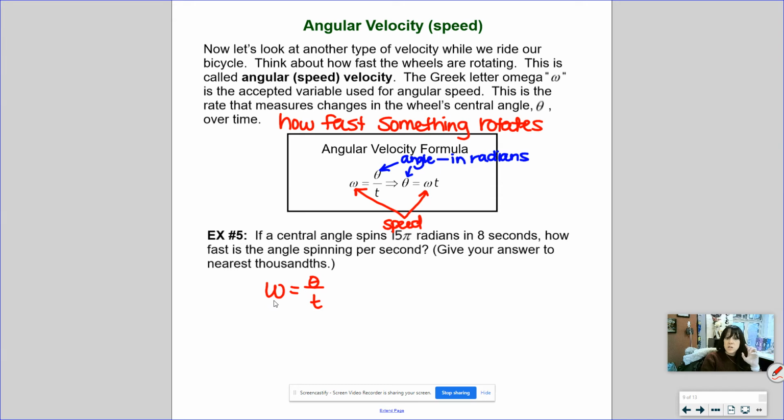So the angular velocity, or the speed, which is what they're asking for here, is equal to the angle, how many times it has spun, and what that angle measurement is, divided by time. So in this case, 15 pi is that angle, and time is 8 seconds. So we could just type in a calculator and get 5.890. By the way, the units for this would be radians divided by seconds, and so that would be radians per second.